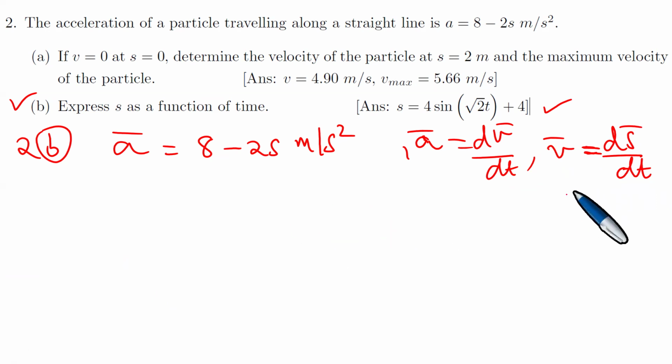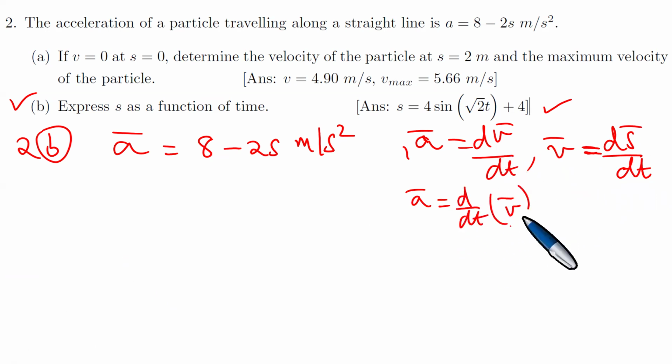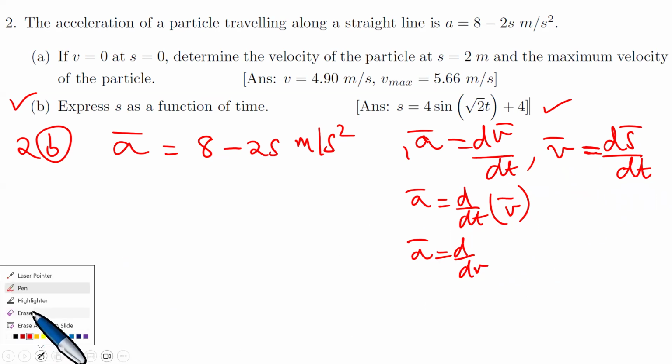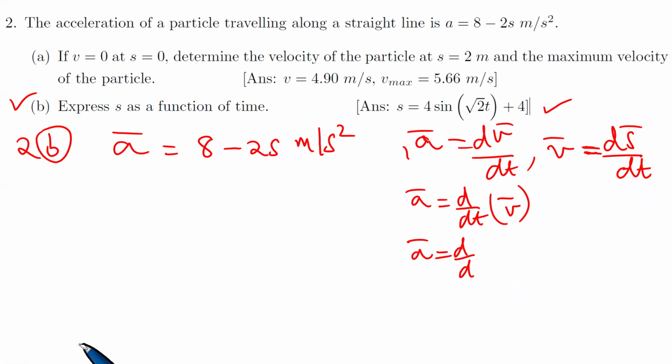Now, there's something you can do here. Acceleration is dv/dt, and velocity is ds/dt. At some point we're going to have discussions about these things and solve a lot of questions, discuss the methods, share views, and you can share what you think about the questions as we move along.